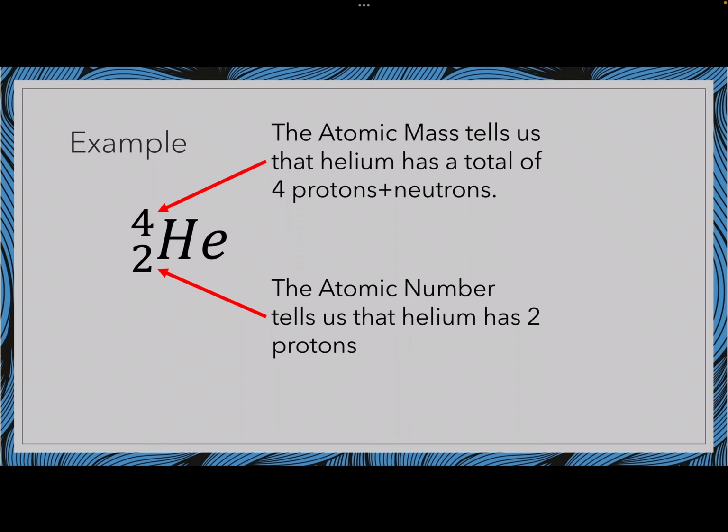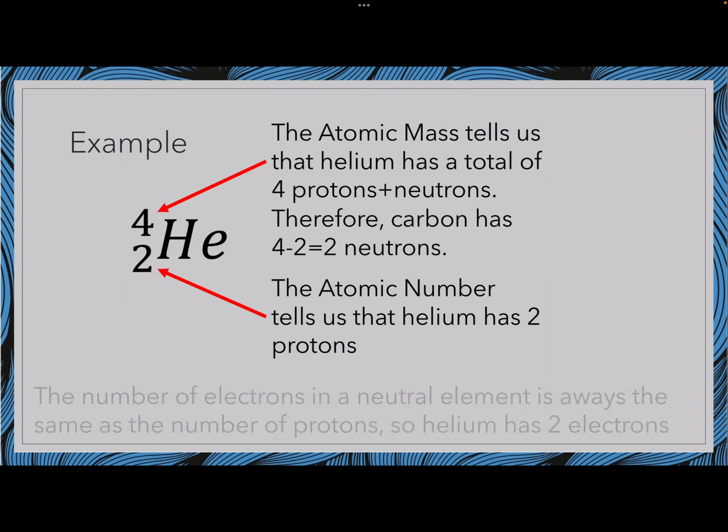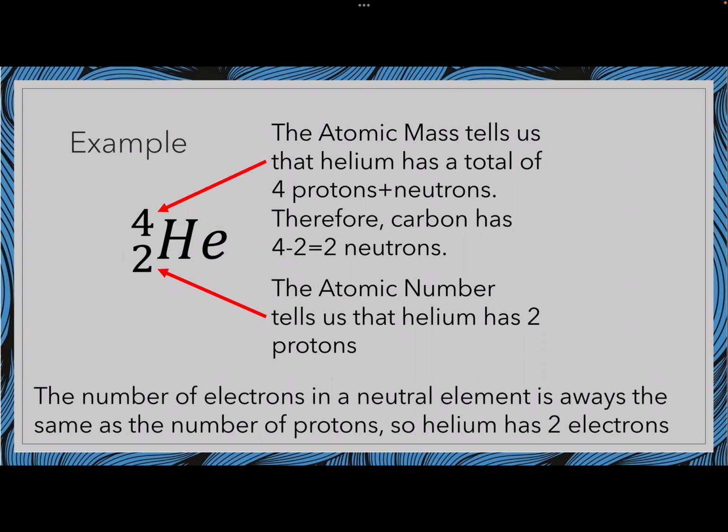Taking away the number of protons from that gives us 2 neutrons. So that one's pretty easy. Now, the number of electrons. Again, this is a neutral atom, so the number of protons equals the number of electrons. So this helium atom has 2 electrons.